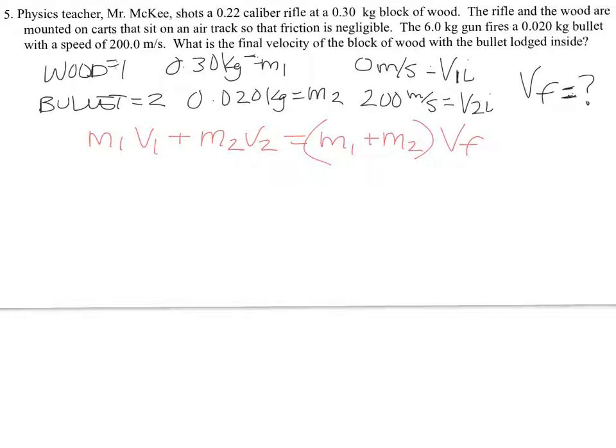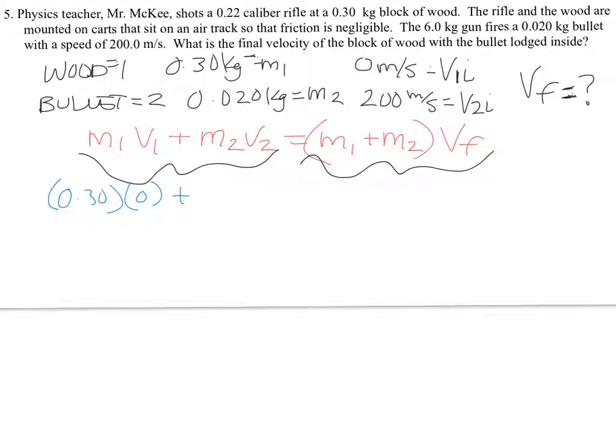So because of the conservation of momentum, we know that the total momentum in the beginning is going to be equal to the total momentum after the collision. So let's start plugging in and solving for it. Mass 1 is 0.3 kilograms and it's not moving, so its velocity is 0.